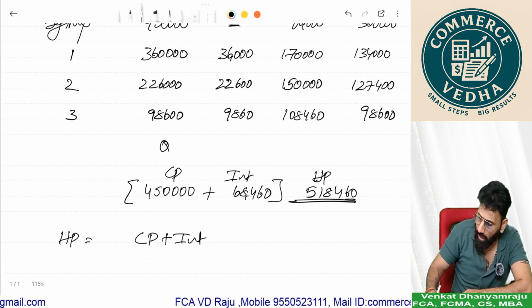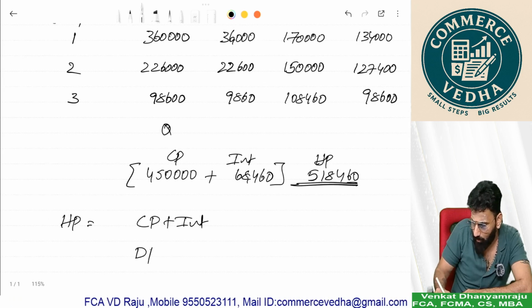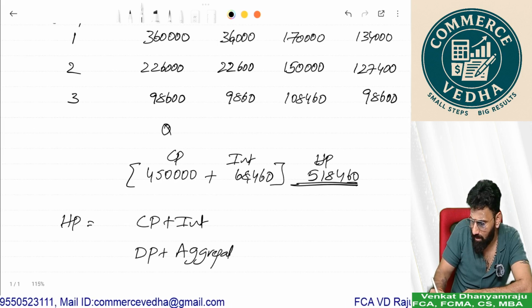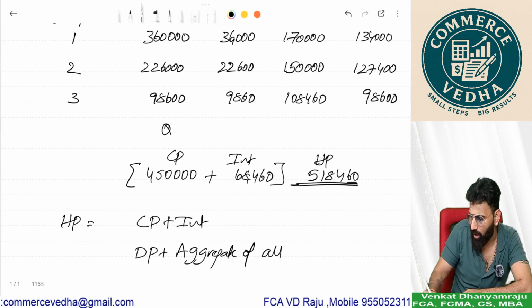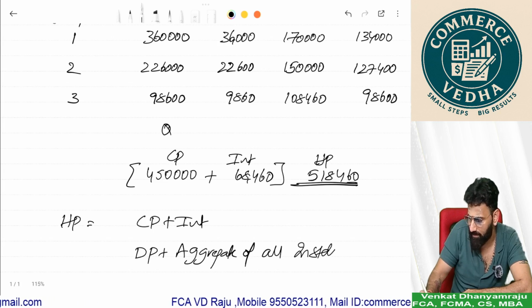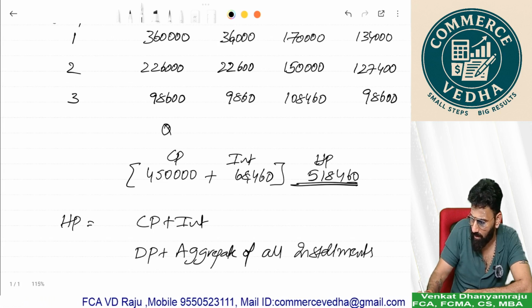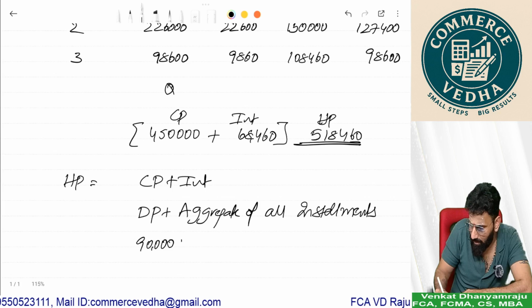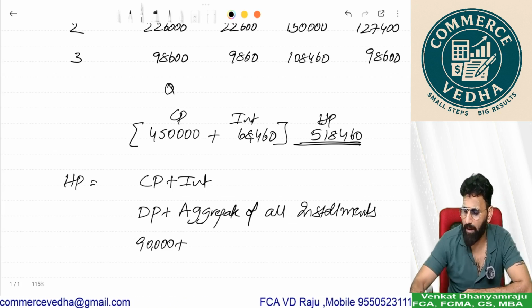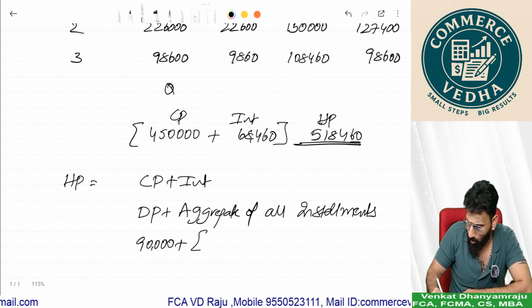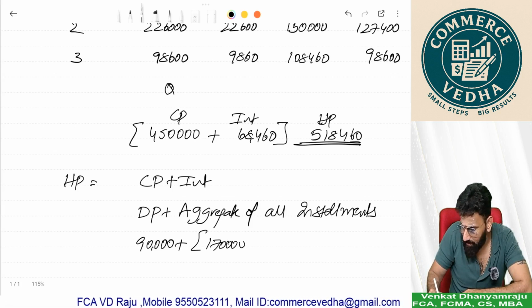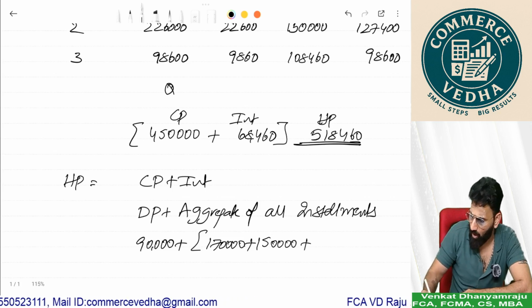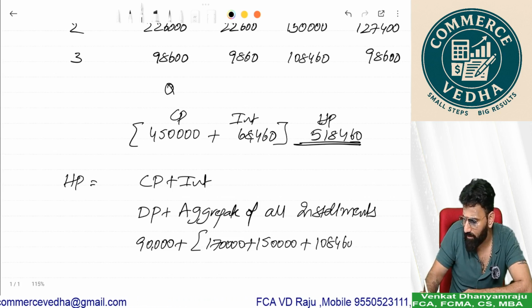interest. The other definition is down payment plus aggregate of all installments, which is also 90,000 plus installments paid: 170, 150 and 108,460.